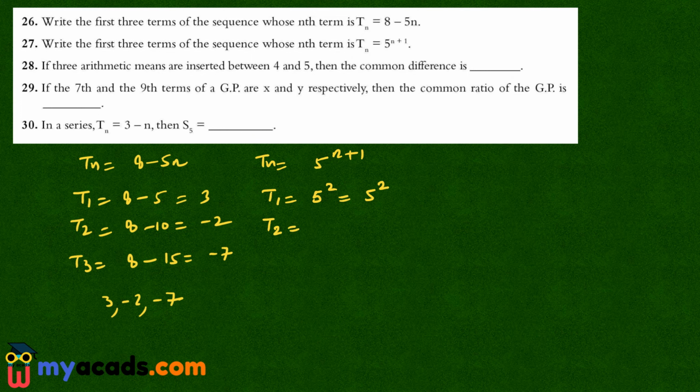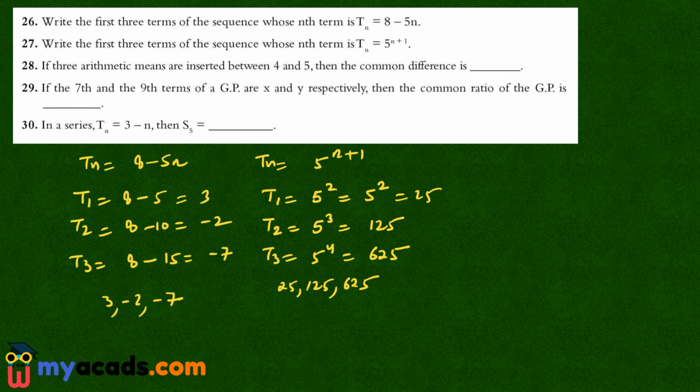My T2 is 5 raised to the power 2 plus 1, 3, that is 125. T3 is 5 raised to the power 3 plus 1, 4, that is 625. So the first three terms are 25, 125, comma 625.